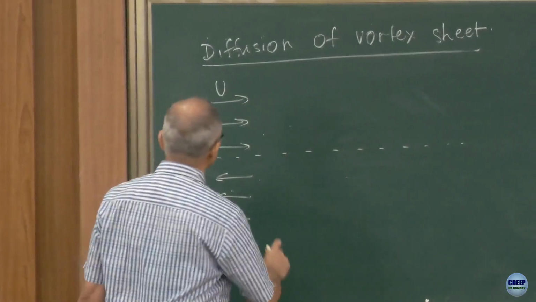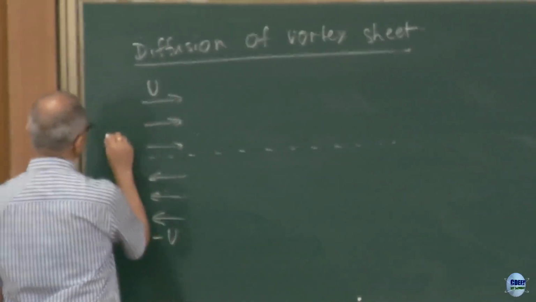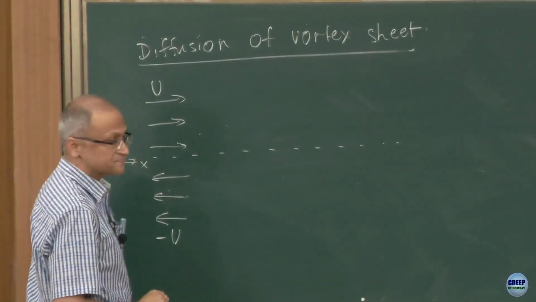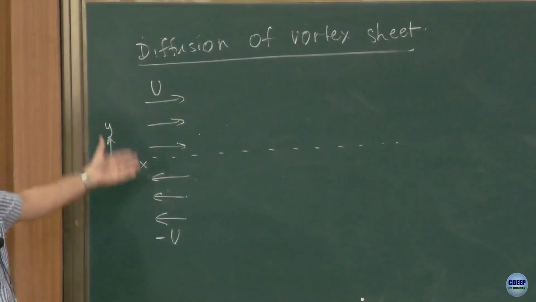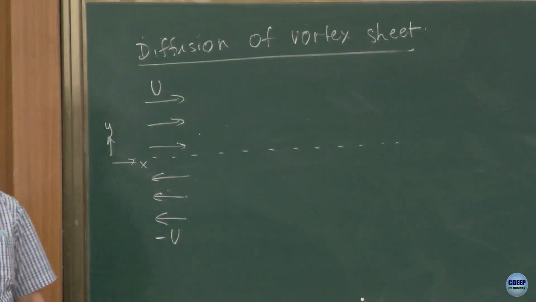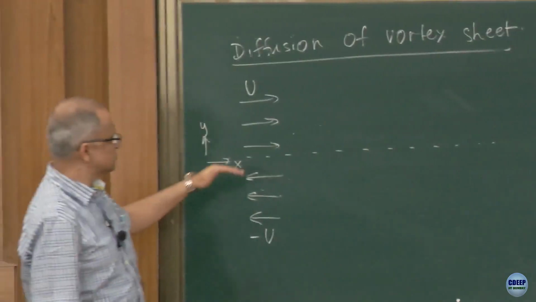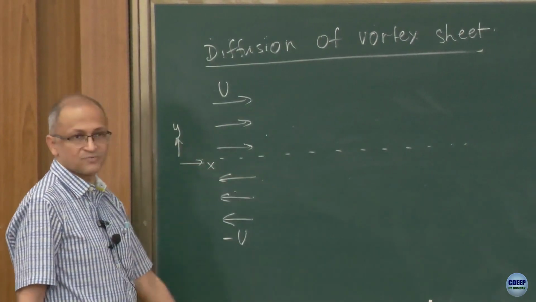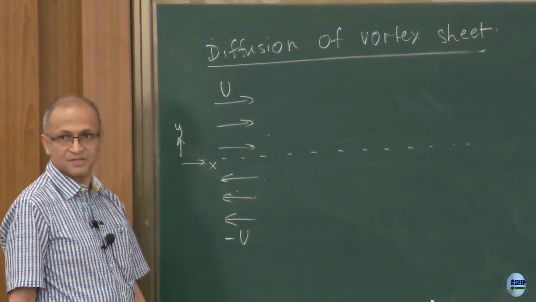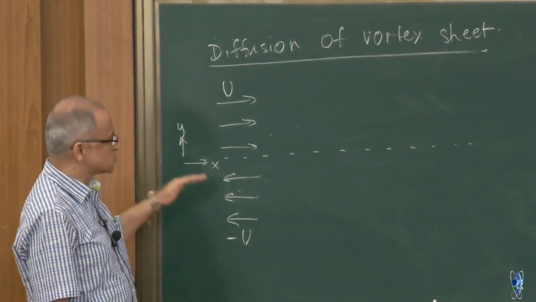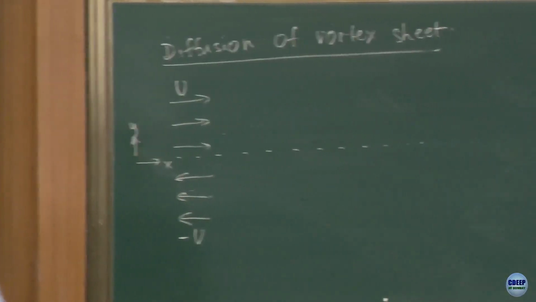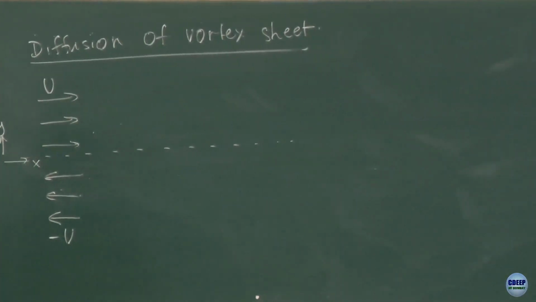So let us say that this is my y equal to 0. This is my y direction, this is my x direction. So what sort of a domain is this now? We are thinking that y extends all the way to infinity here, and all the way to infinity on the other side as well. Okay, and what does that allow us? By saying everything is going to both sides, it is infinite.